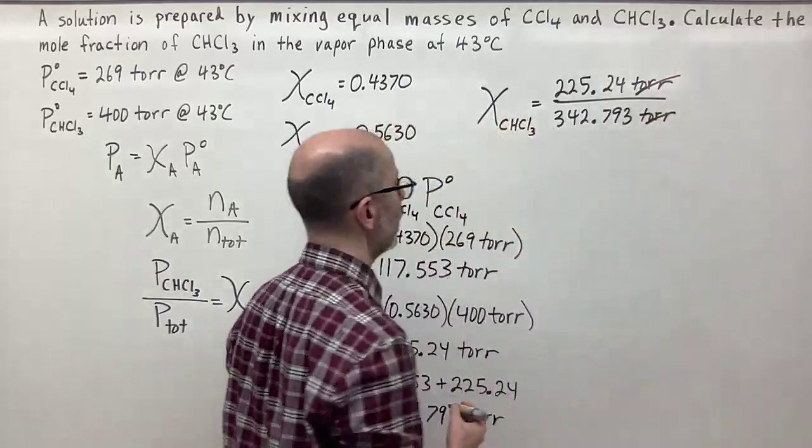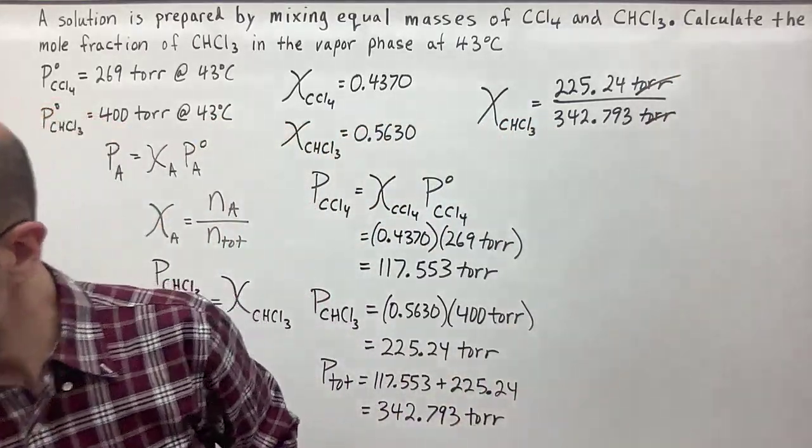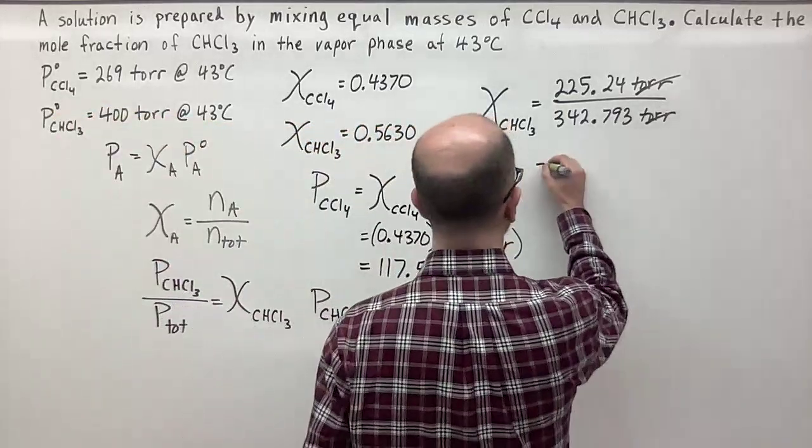Torr cancels out, and when we calculate this, we get 0.657.